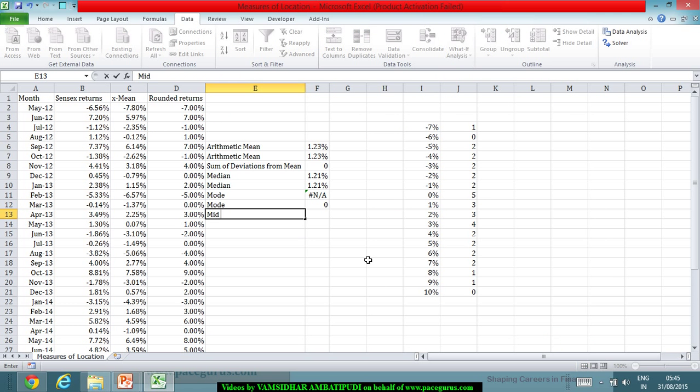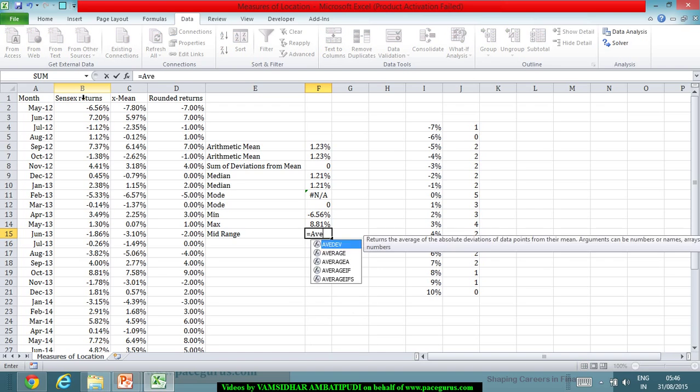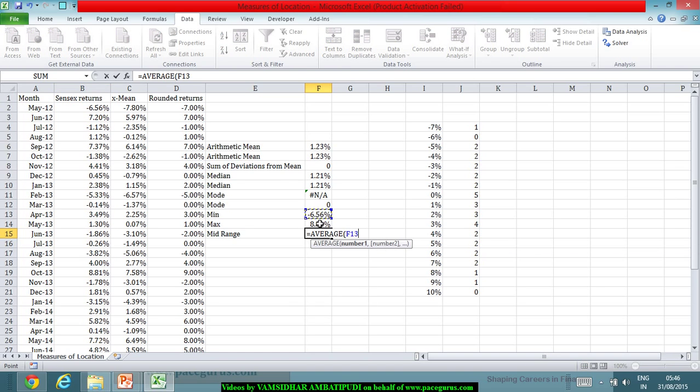So in this case, to look at the mid-range, I first compute the minimum value in the data, using min as a formula. Then I require the maximum value, which I'll compute using max of the data as a formula. And then I can find the mid-range, which is the simple average of the min and the max.